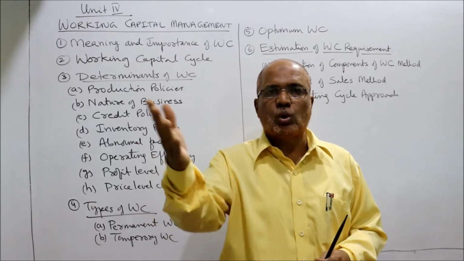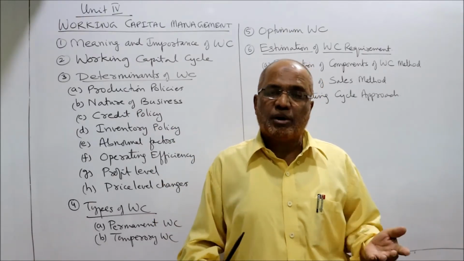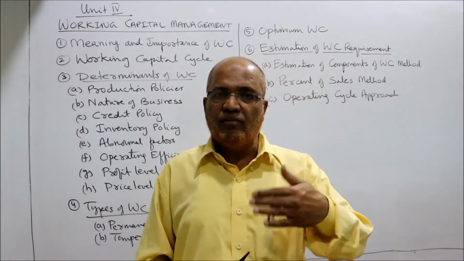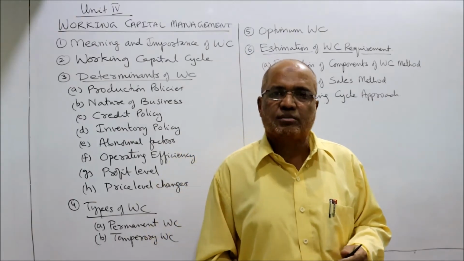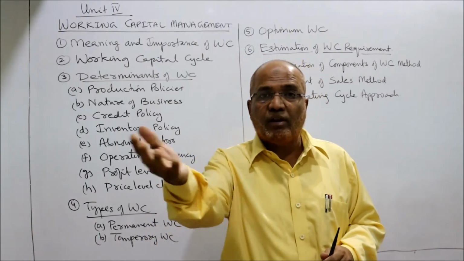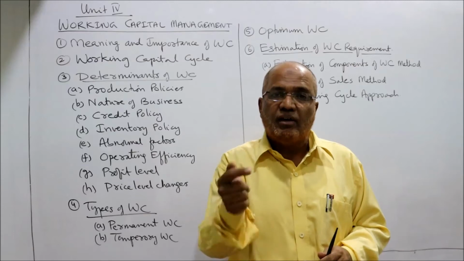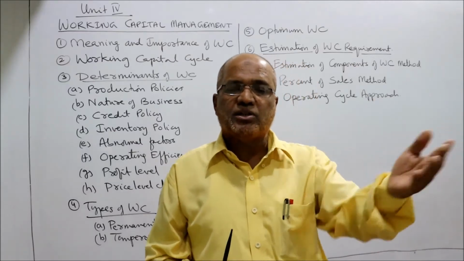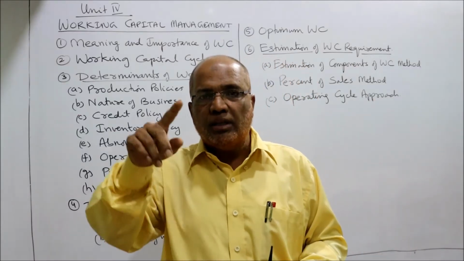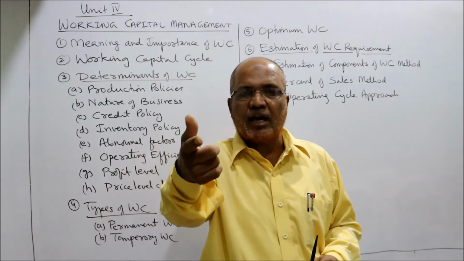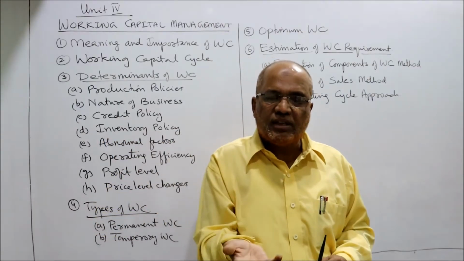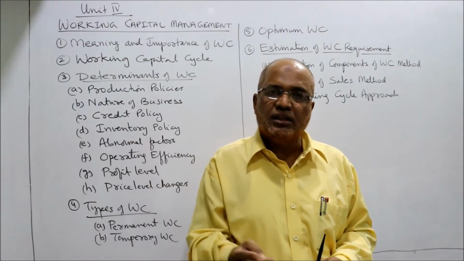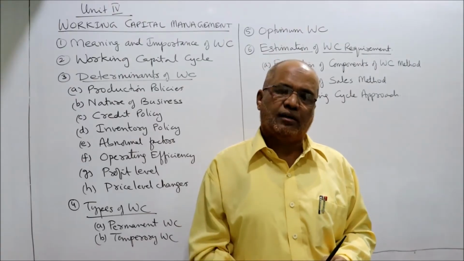After that it is sold to the customer. The customer may not pay cash immediately. We are giving 1 month time period to the customer, credit period. Then after 1 month we are getting the cash, and with the help of this cash we are again purchasing the material. So the period from which we are paying the cash for material and we are receiving the cash from the customer, this is called working capital cycle.